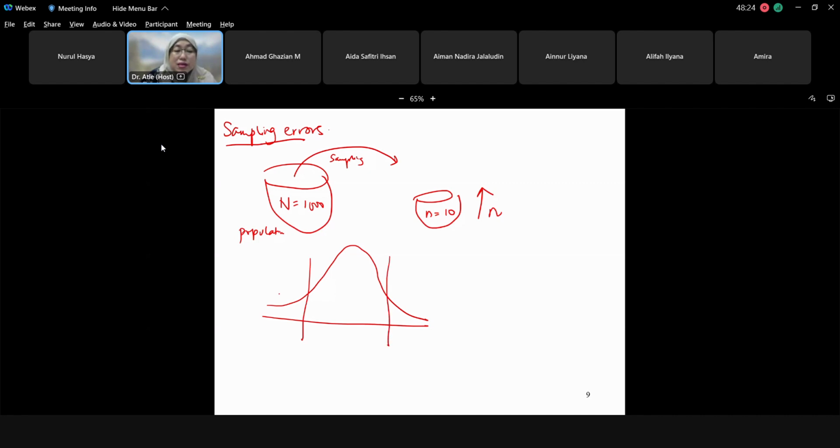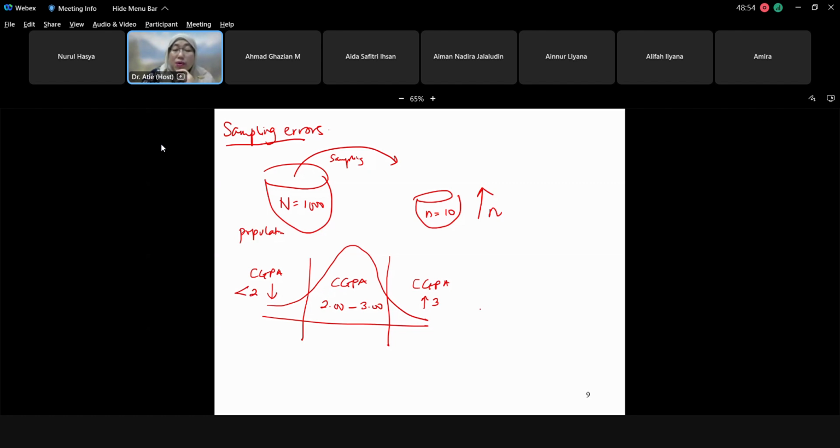Only a few students have low CGPA, and we know that most of the students have a CGPA of, for example, 2 until 3, and only a few have CGPA above 3. This one is below 2. So this is what they are supposed to take for their sample.